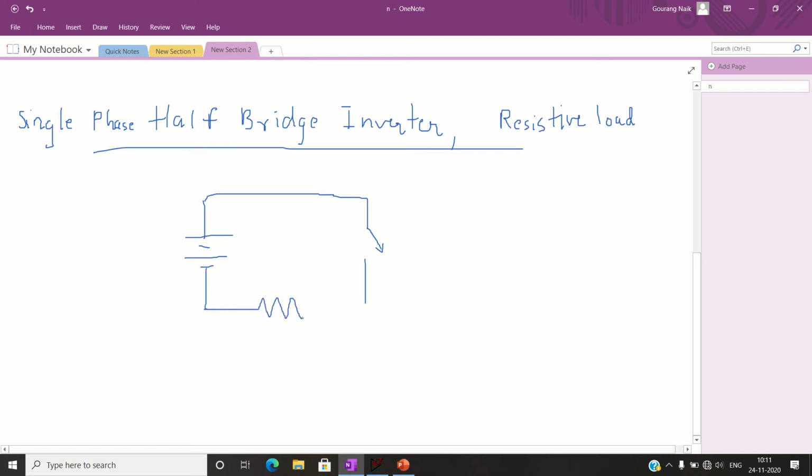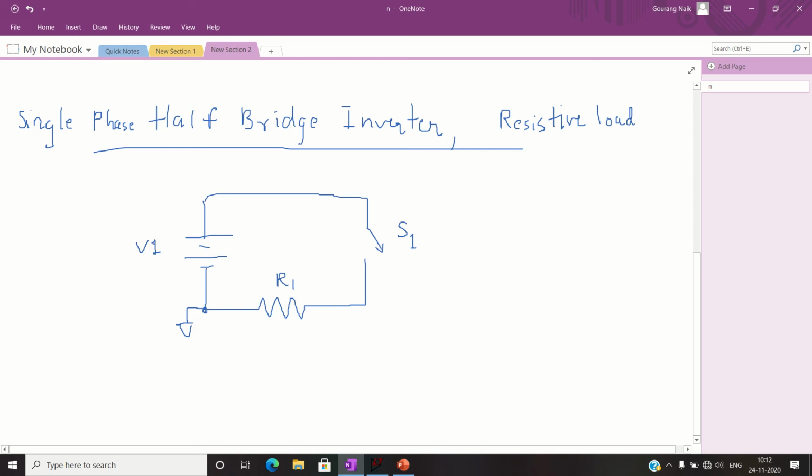Our load is resistive for this case, so we will connect it like this, and this will be my common point. Here at this point is my common point. So this is my switch, let us say the name of my switch is S1. This is my resistive load, I will name it R1, and this is some voltage V1.